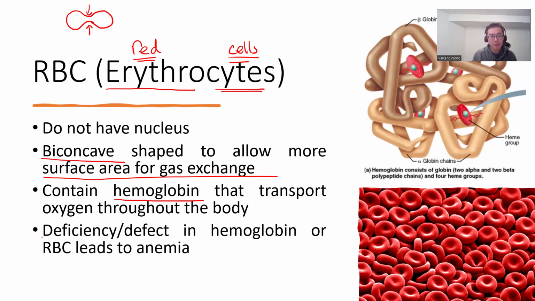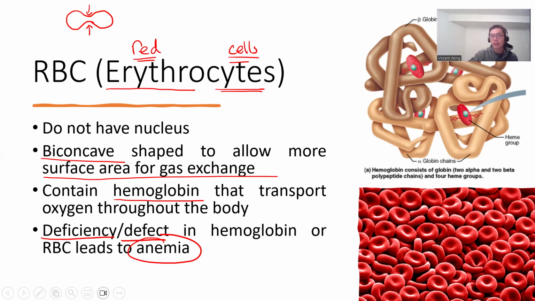People who have low levels of hemoglobin or red cells, or if they have defective hemoglobin, would have anemia. If you don't have enough hemoglobin, or if you are making the wrong kind of hemoglobin because you have a mutation, that could lead to anemia. But it's not just the hemoglobin that could create an anemic situation. People who don't make enough red cells could also have anemia.